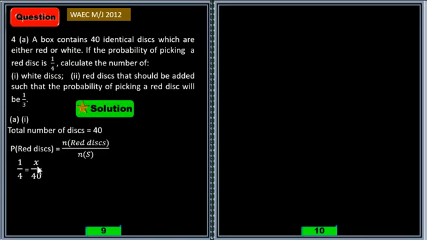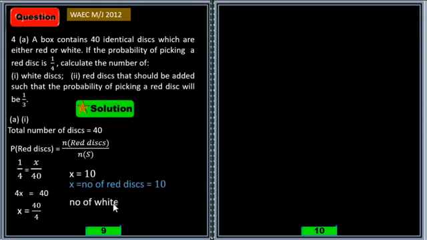Let's represent the number of red discs as x, while the total number of discs in the box is 40. Cross multiplying, 4 multiplied by x gives us 4x, and 40 multiplied by 1 gives us 40. Making x the subject, x is equal to 10. So therefore in the box we have 10 red discs.